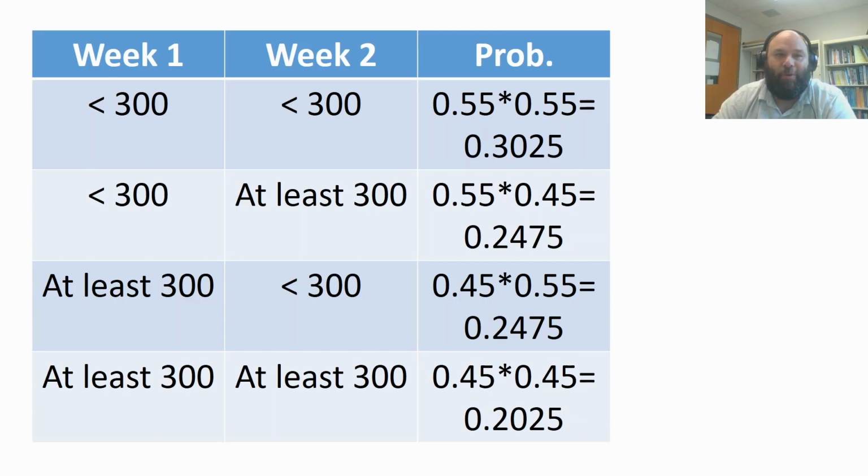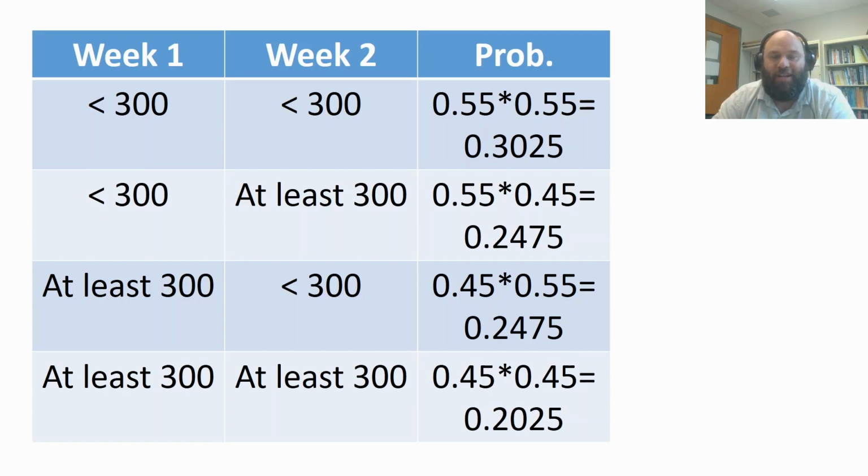The probability that we have fewer than 300 in week 1, but at least 300 in week 2, well, the probability for week 1 is 55%, probability for week 2 is 45%. Multiply those together as decimals, and we get 0.2475, which is 24.75%.